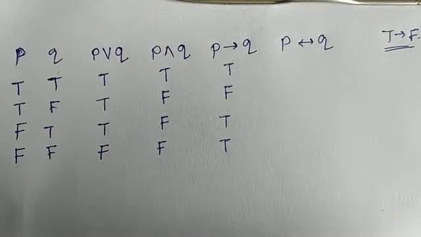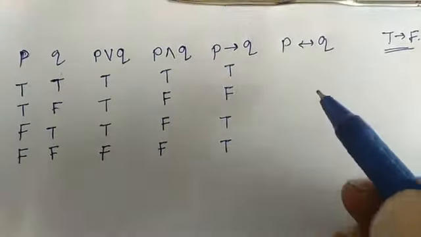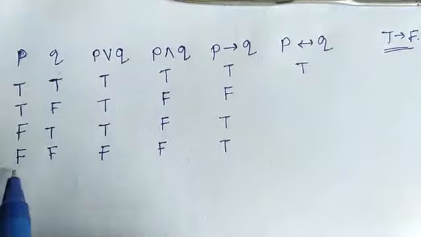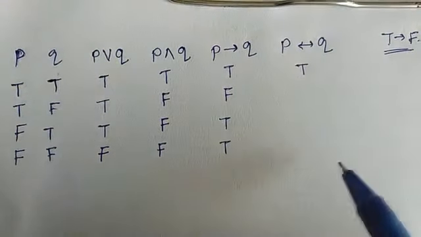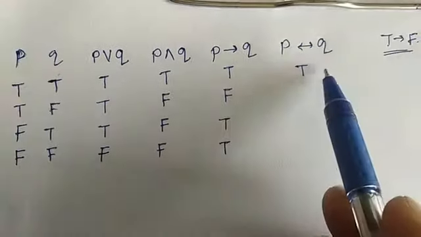Next, false true is true, and if both are false it is true. And in the last, the biconditional: if both are true then only the biconditional is true, and if both are false then also it is true. So here both true, so it will be true.